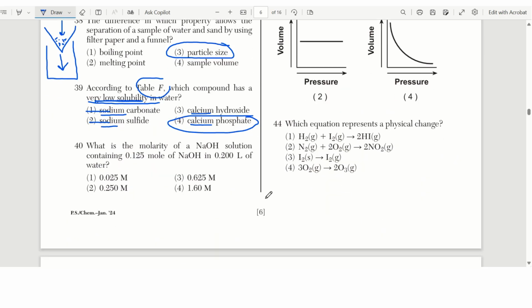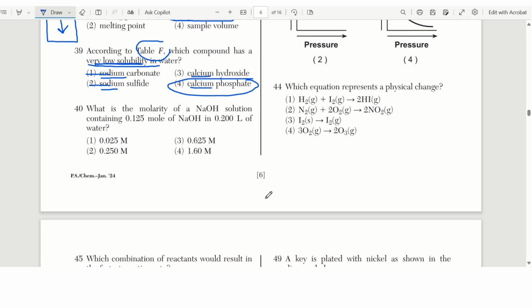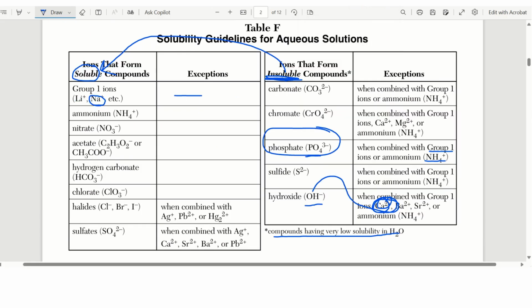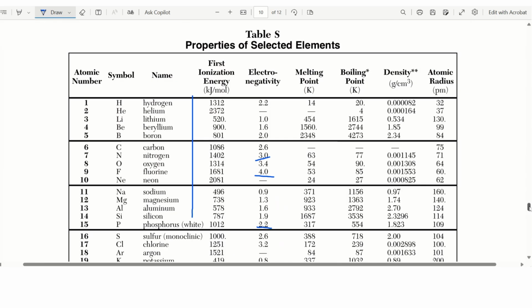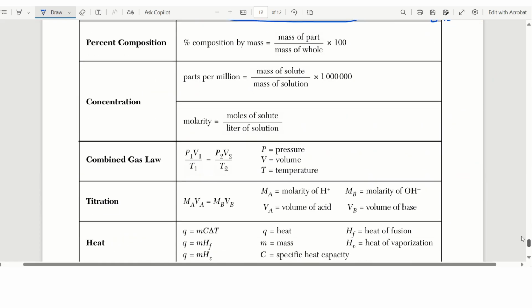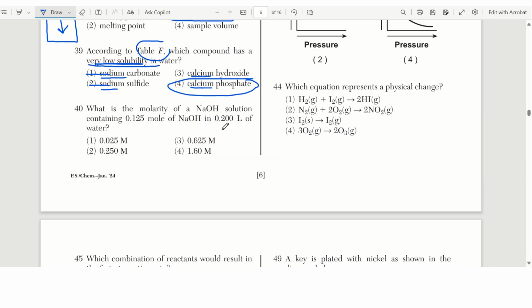All right. Number 40. What is the molarity of a NaOH solution containing 0.125 moles of NaOH in 0.200 liters of water? Okay, so let's go to the formulas. And we have one for molarity, moles divided by liters.